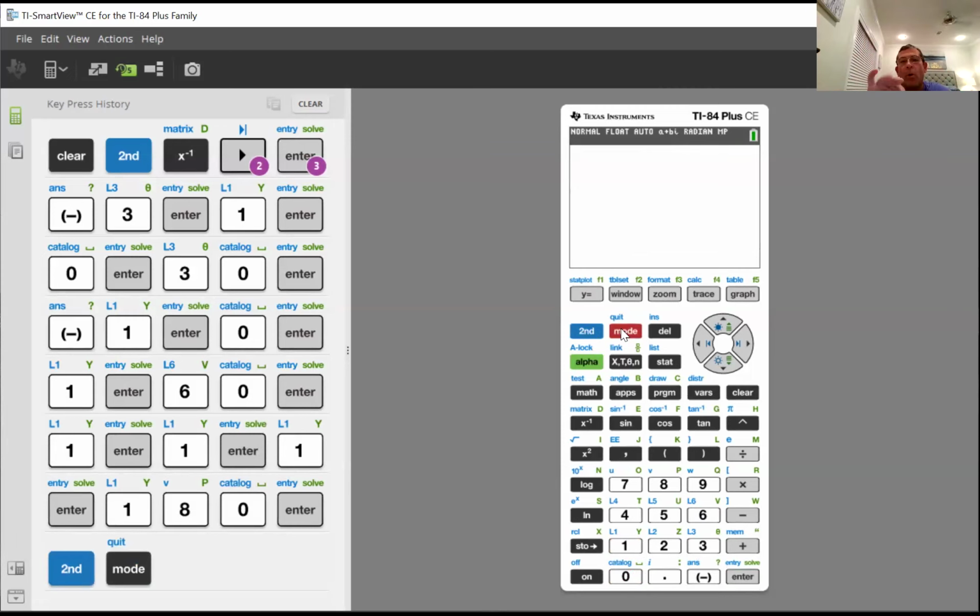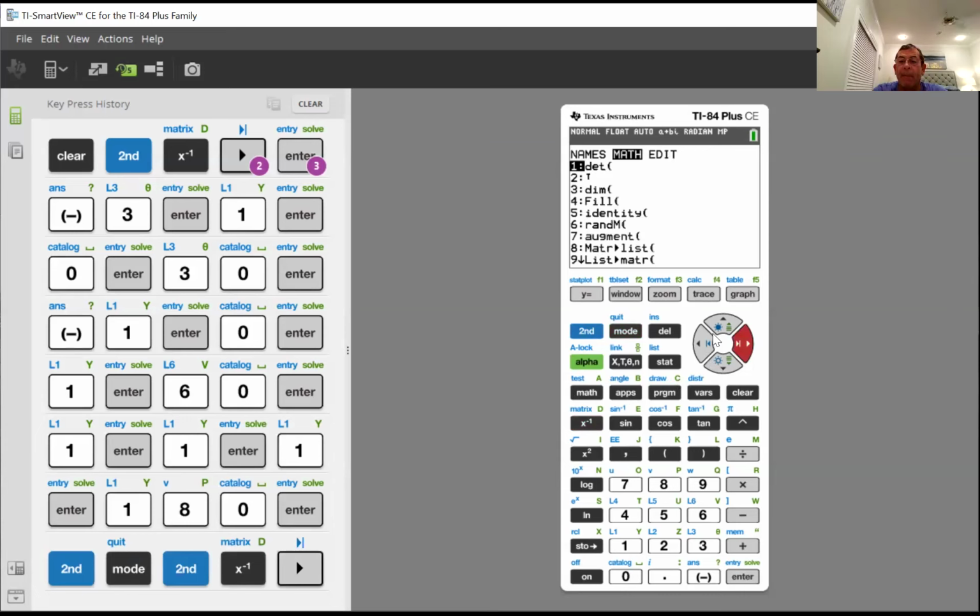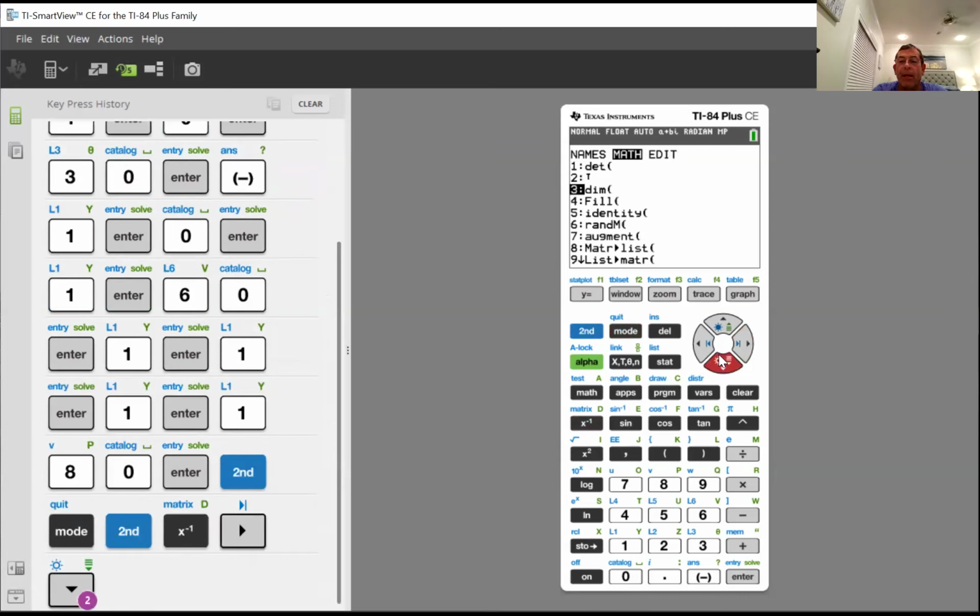Now remember, I'm going after RREF. So to get that, I got to hit second x -1. Arrow right, highlight math. And y'all, we're going to arrow down and get to RREF. So RREF and enter. And remember, for the third time, I'm going to do the second x -1.